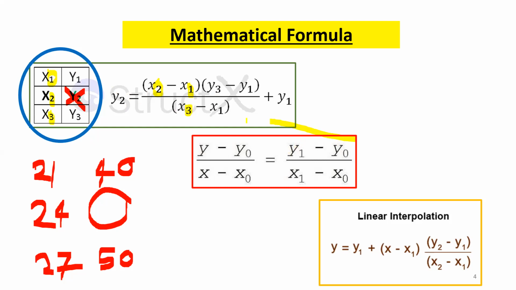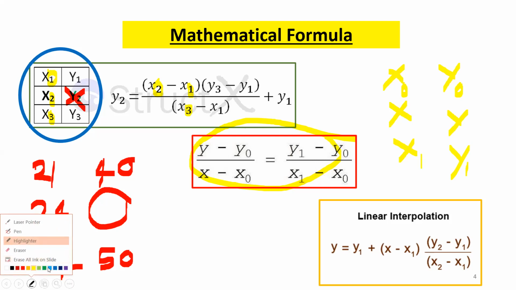But in this equation, the procedure is somewhat different. Here they have mentioned x0, x, and x1. That's the way they have mentioned their values. For the y, this is y0, y, and y1. So the placement of the numbers is somewhat different between these equations.